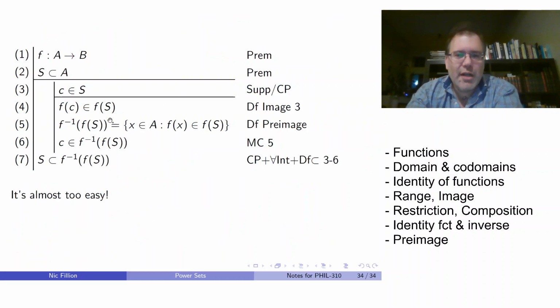So that's what I did on line 5. So the pre-image of F of S is that set here, where I've just replaced the X here and here by F of S.